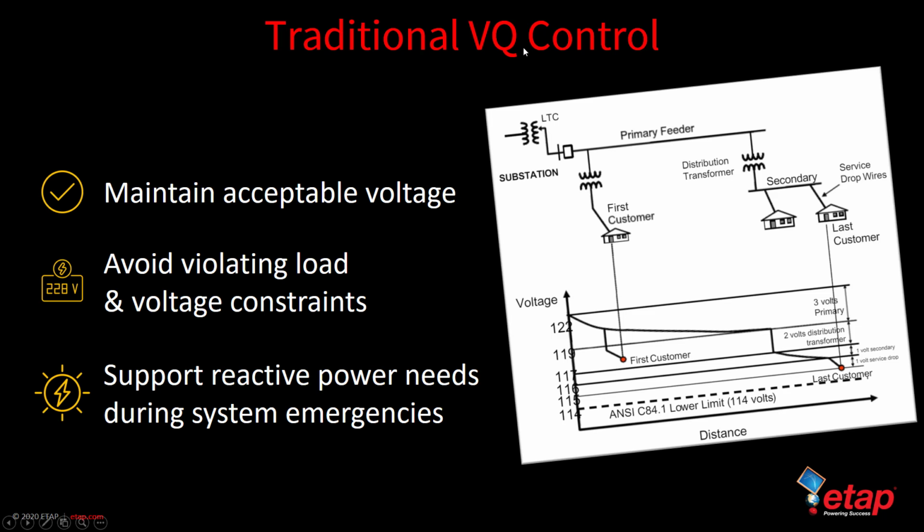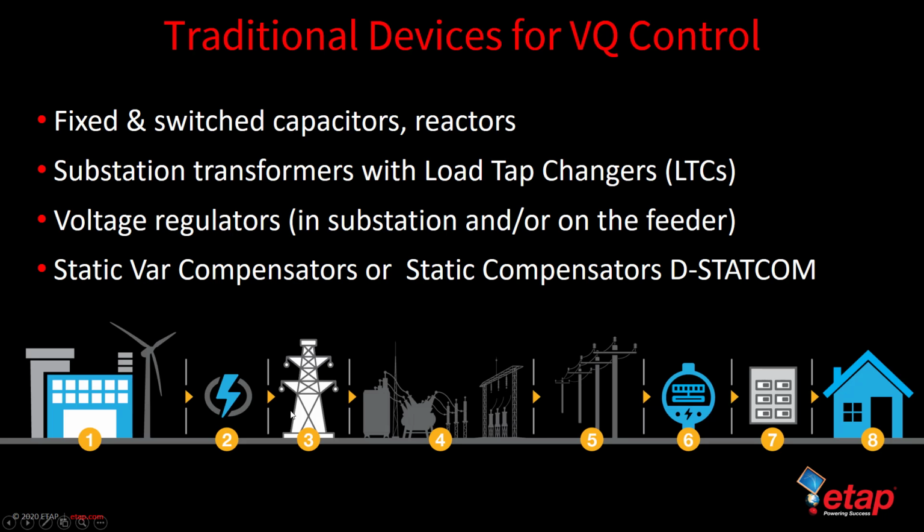Traditional VQ control, or voltage reactive control, allows us to maintain acceptable voltages at all points along the distribution feeder under all loading conditions. It allows us to operate the distribution system as efficiently as possible without violating any load and voltage constraints. And it can support the reactive power needs of the bulk power system during emergencies. Traditional devices for VQ control include voltage regulators or transformers with load tap changers, or LTCs, that automatically raise or lower the voltage in response to changes in load.